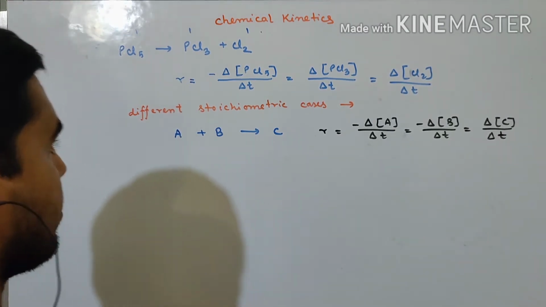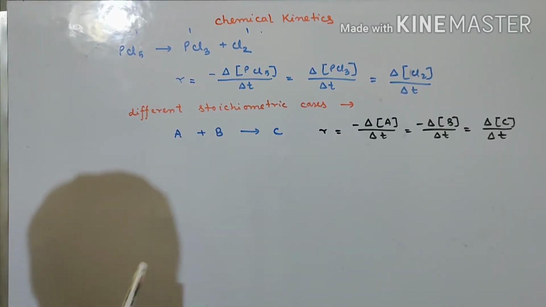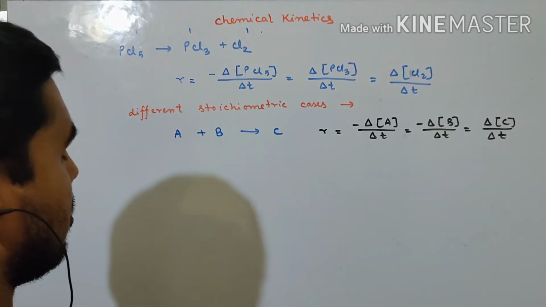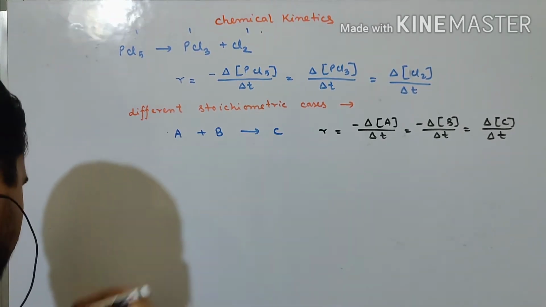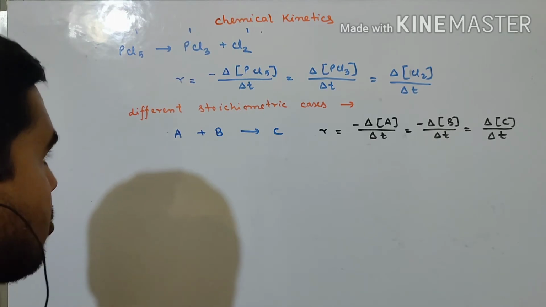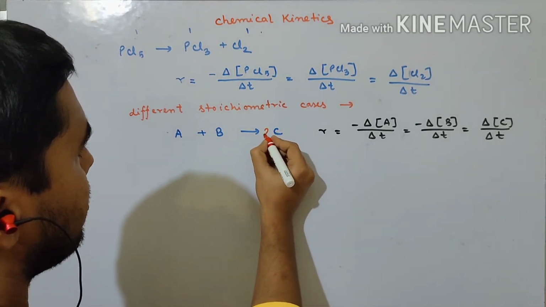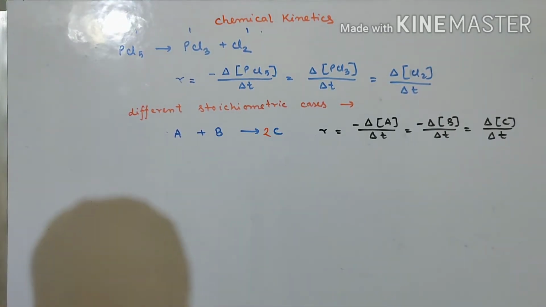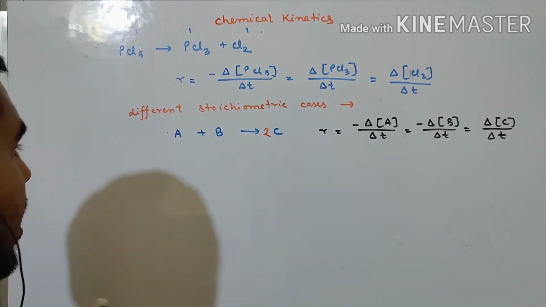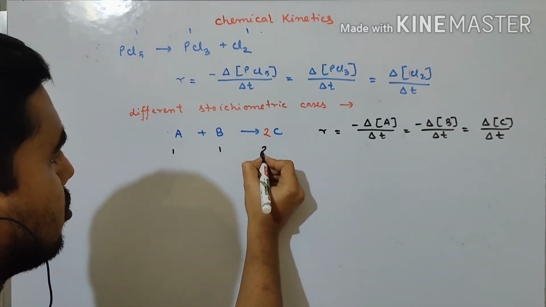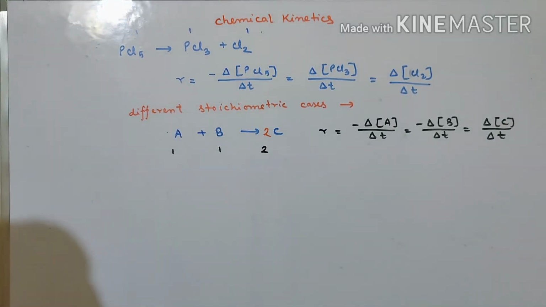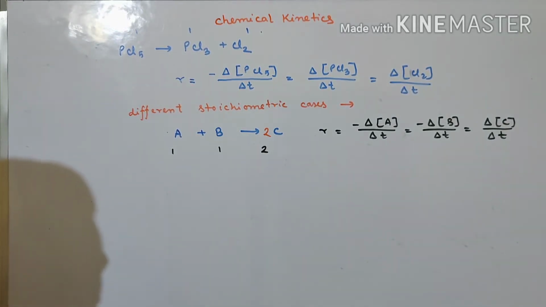As a matter of fact, that is when all of them have 1 mole. If I introduce 2 here, then we can write that 1 mole of this is giving rise to 2 moles of C. What is the immediate outcome?